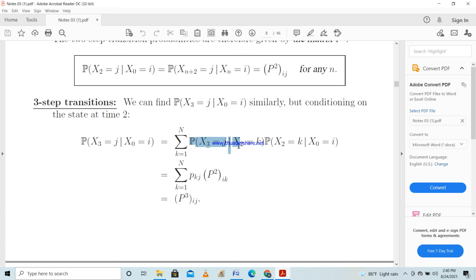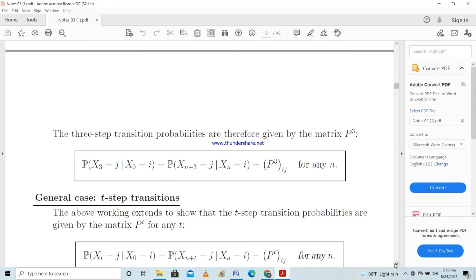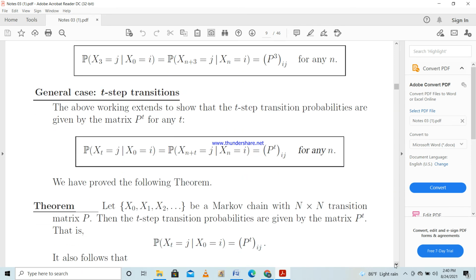This term you can replace by P_kj, so that is P to the power 3. So from that we can obtain the three-step transition matrix.